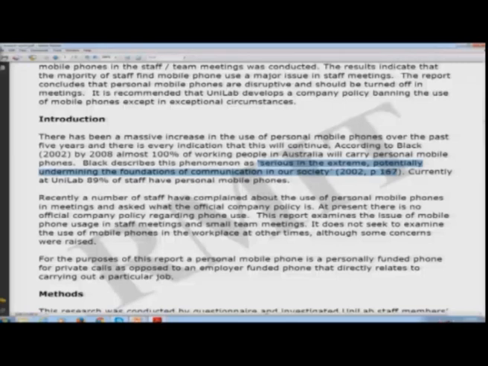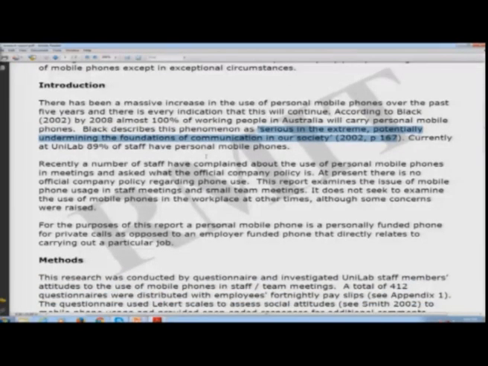So, this introduces the topic, and it also straight away comes to the issue. Then it comes to this organization, Unilab, which is now the focus.